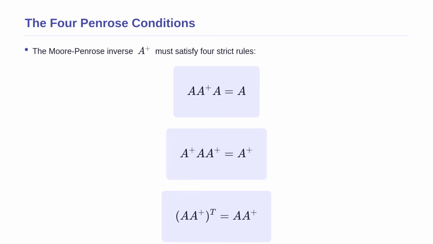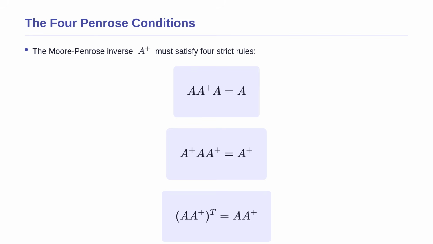This brings us to the formal definition. The most famous generalized inverse is the Moore-Penrose inverse, denoted by A plus. Conceptually, it is defined by four strict geometric rules called the Penrose conditions. The first condition ensures that multiplying by the inverse and then the matrix again restores the original matrix.